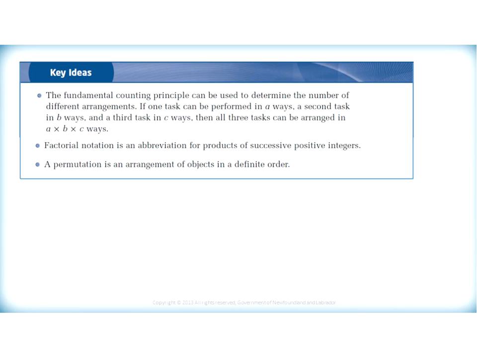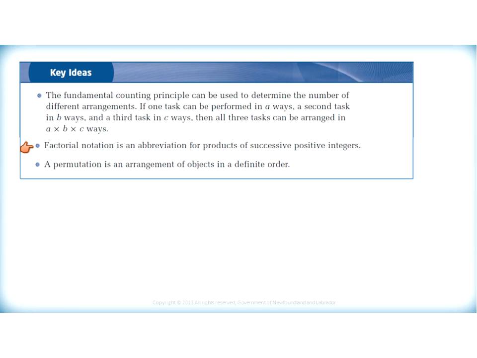As a summary of the key ideas that we've reviewed in this presentation, the fundamental counting principle can be used to determine the number of different arrangements. If one task can be performed in A ways, a second task in B ways, and a third task in C ways, then all 3 tasks can be arranged in A multiplied by B multiplied by C ways.